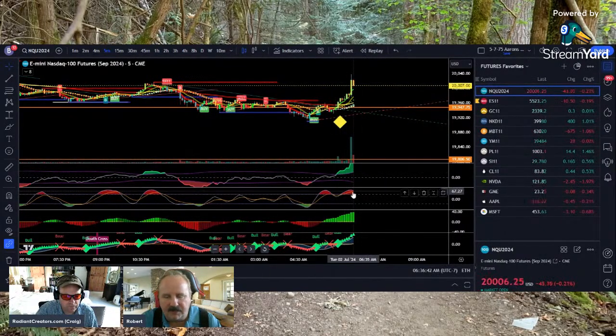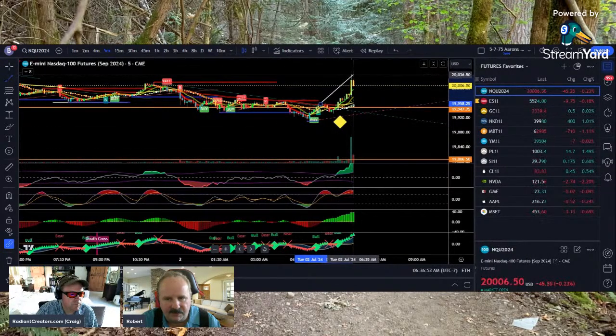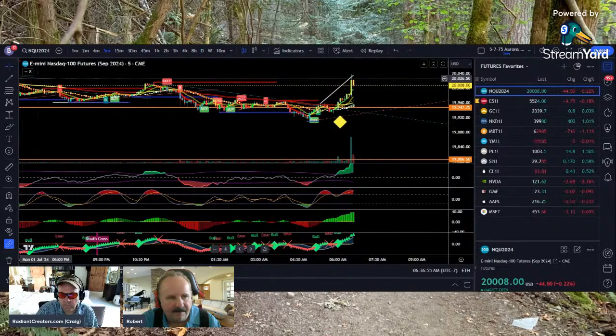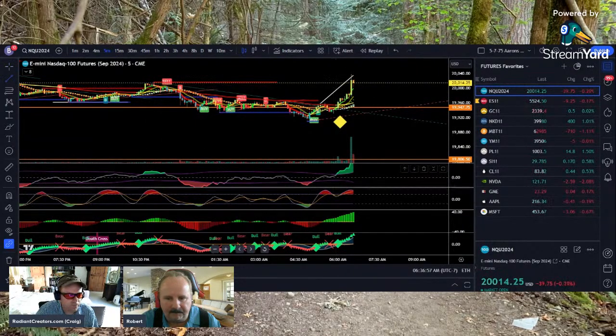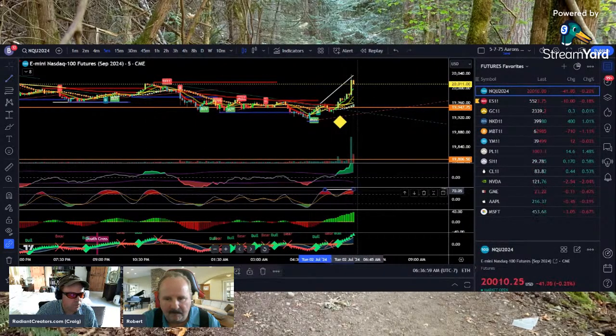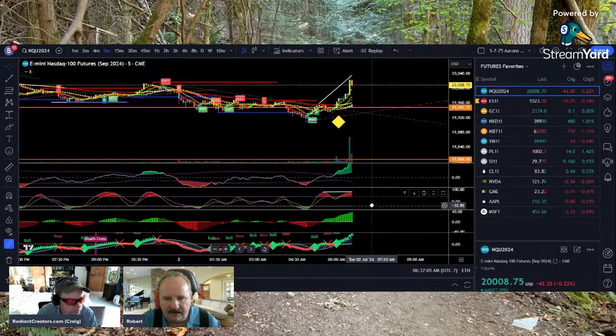So you had a double top. The second top on the stochastic created a higher high by quite a bit. So you're basically looking at divergence, which kicked in. So kind of like that.